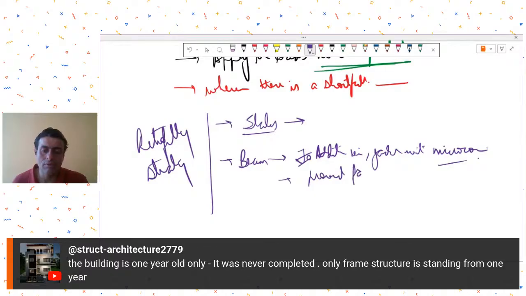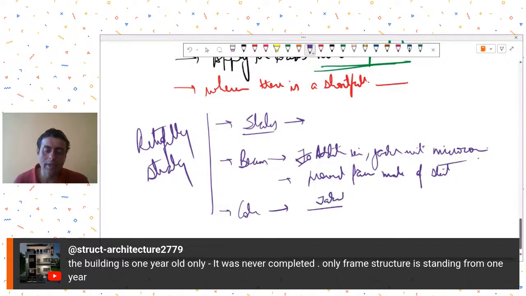Let's say provide a frame made of steel angles, etc. For columns, again, same. Either go for jacketing, I mean, provide additional reinforcement and then jacket it up with micro concrete or polymer mixed concrete, or again you may go for some steel framing and put that steel framing around the column.